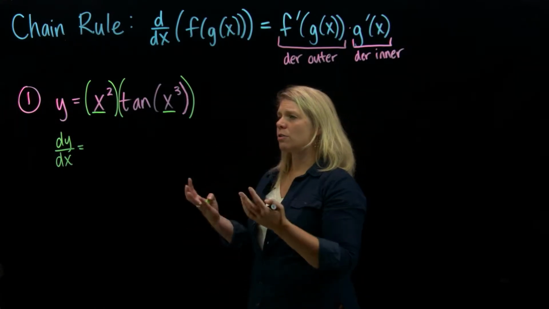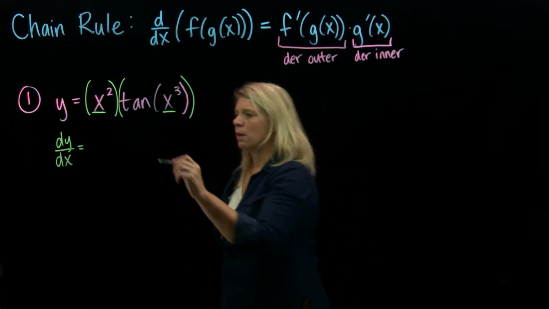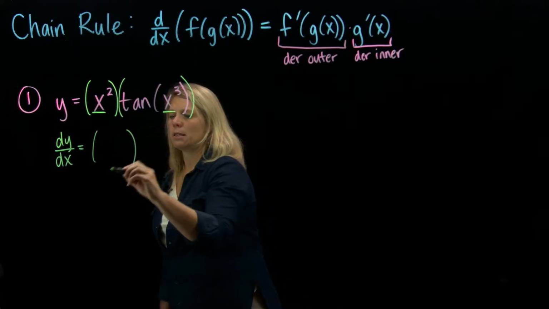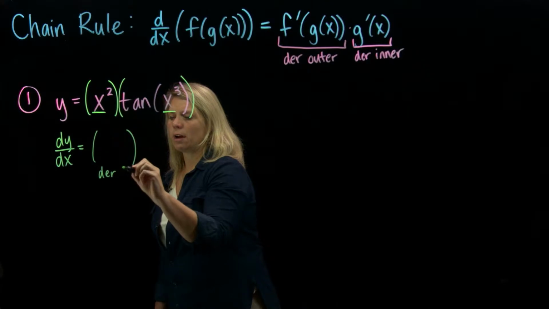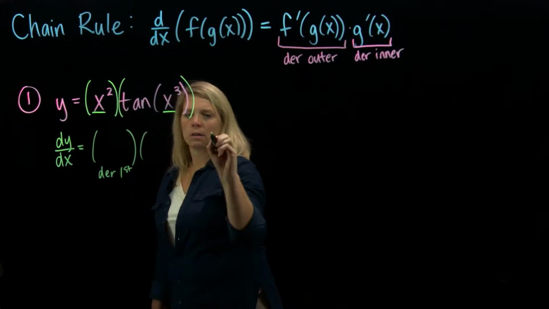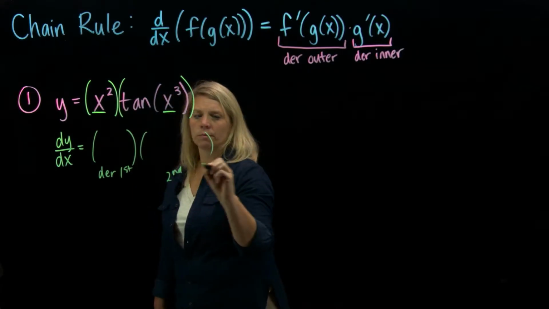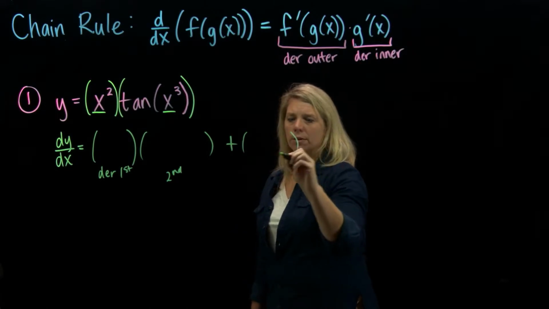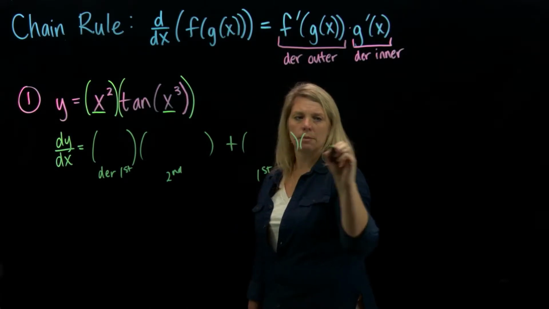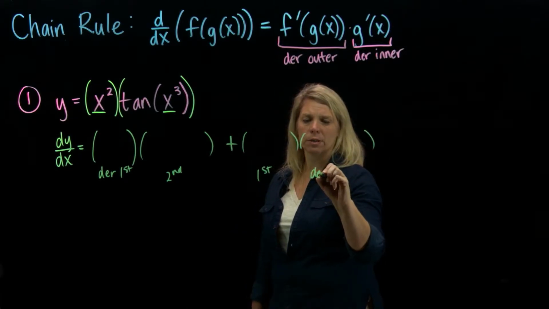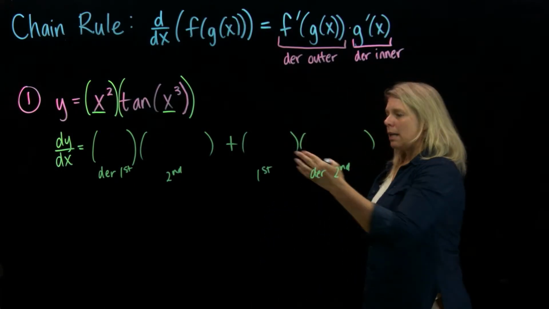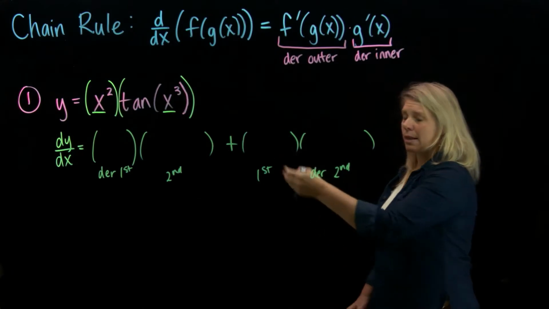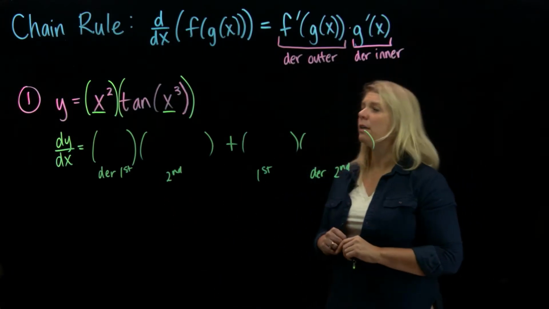So the overall structure of the problem is product rule. I'm just going to set up some parentheses and write some little hints to myself. The derivative of the first function times the second function plus the first function times the derivative of the second function. That structure is product rule structure.